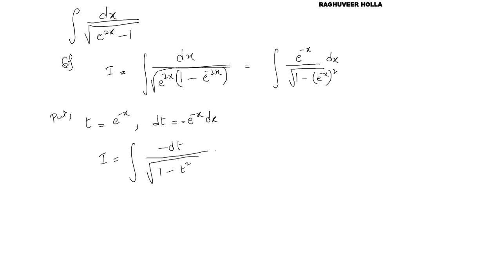So this is equal to minus sine inverse t, okay, which is equal to minus sine inverse e to the power of minus x plus c, okay. So that is the solution. Let us move on to the next one.